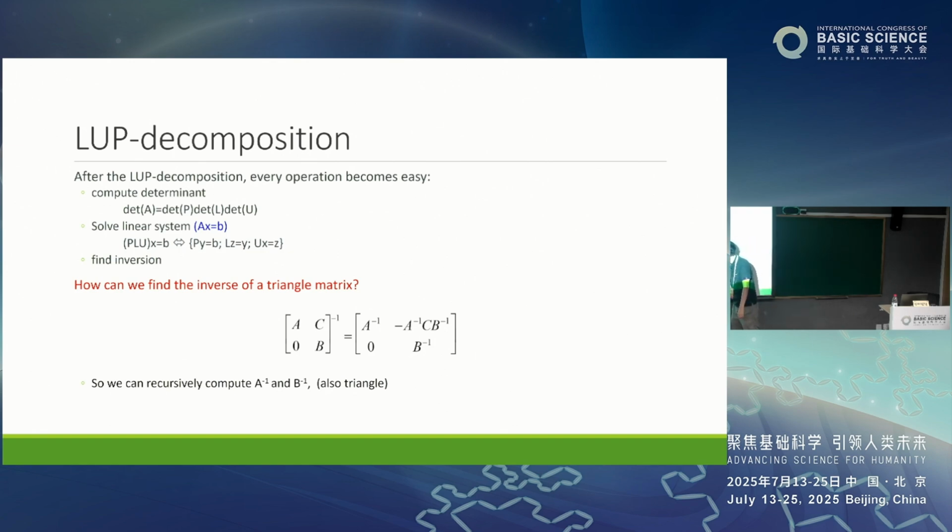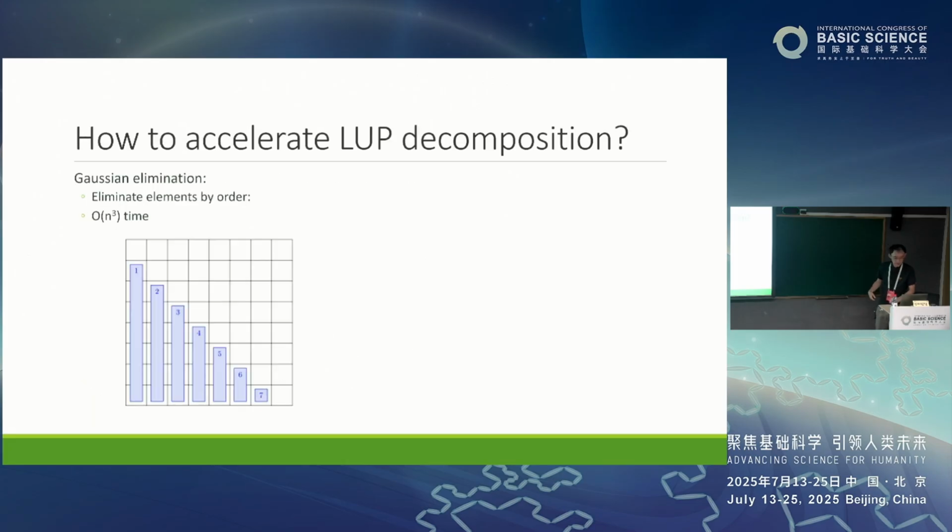So one needs to recursively compute the inverses of the upper triangle matrices A and B, and needs matrix multiplication. So it takes time n to the omega, the same as matrix multiplication.